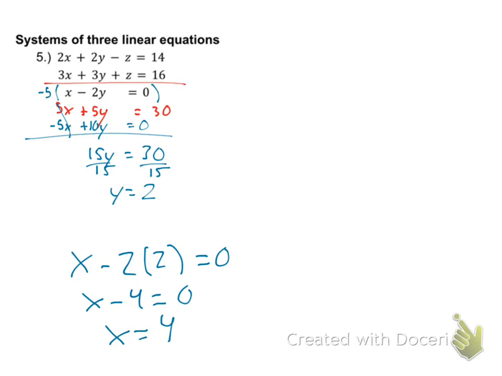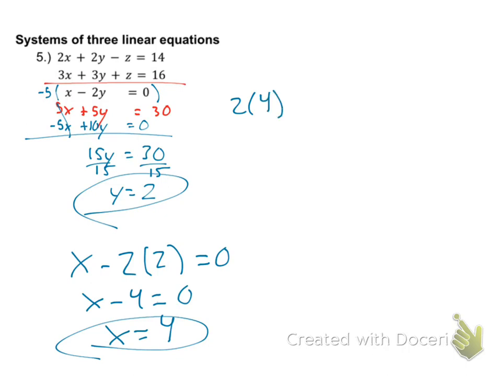So now I have an x and a y. Now I'm going to plug them back into one of these to solve for z. Which one do you want to use? Top one? Okay. 2 times 4. And again, it does not actually matter. I personally probably would choose the bottom one because z is positive there.